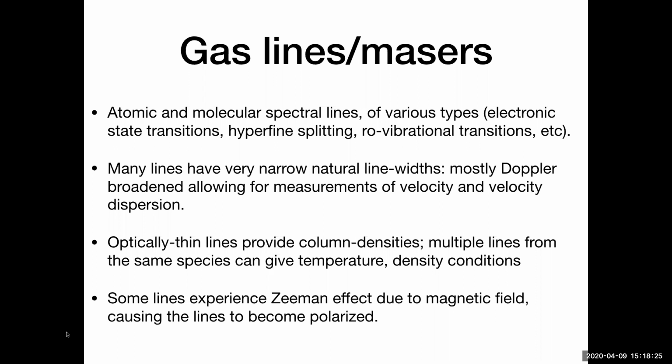And so what you tend to get is spectral lines that are overlapping but ever so slightly shifted with different polarizations. So you end up with some sort of complicated polarization profile for the spectral lines. A few examples of specific applications of different gas lines.